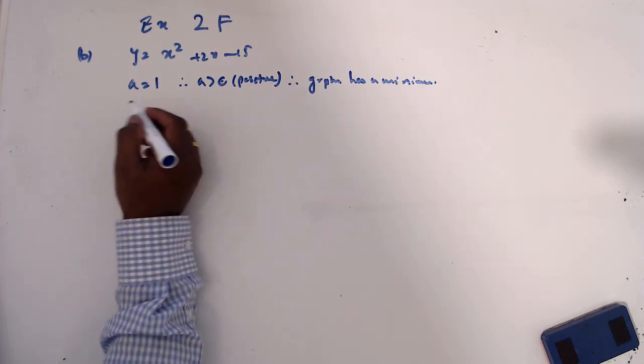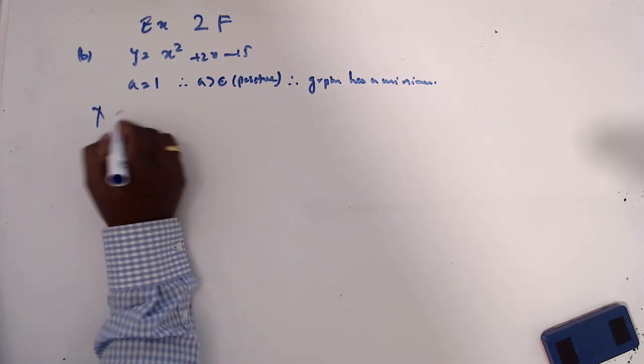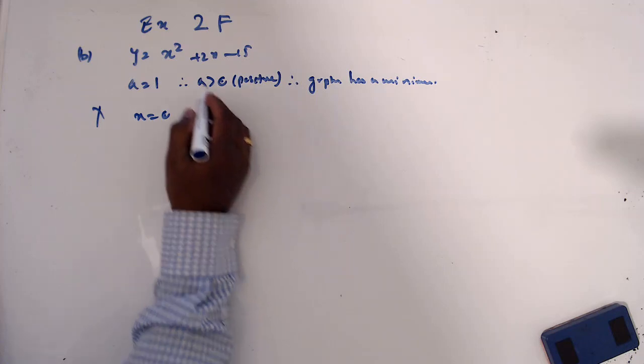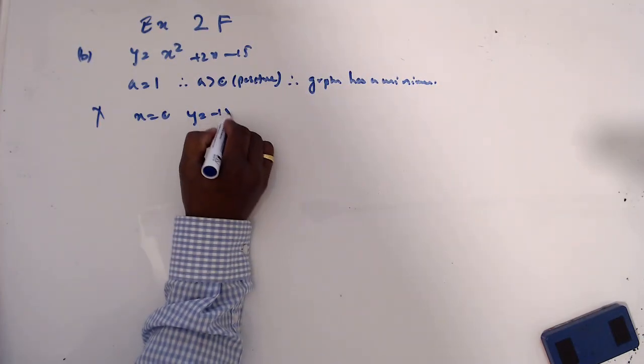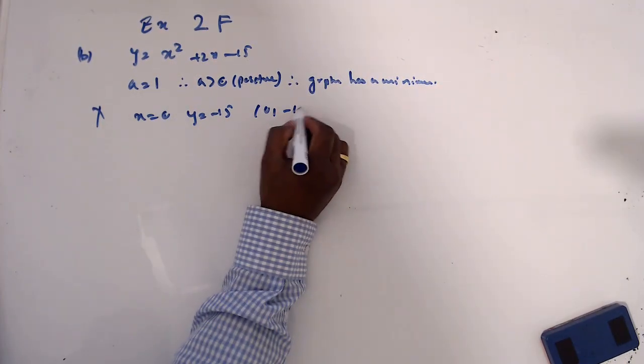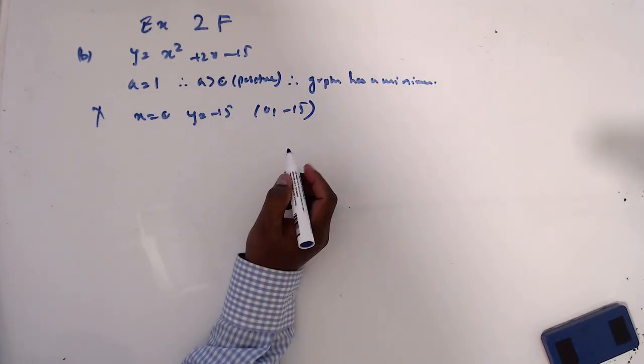Then to find the graph at the y-axis, x equals 0, then y equals minus 15. The coordinate is (0, minus 15).